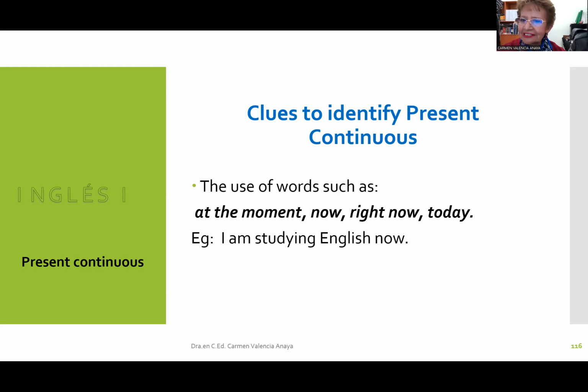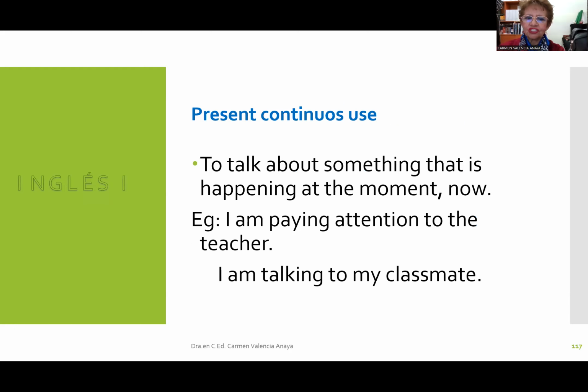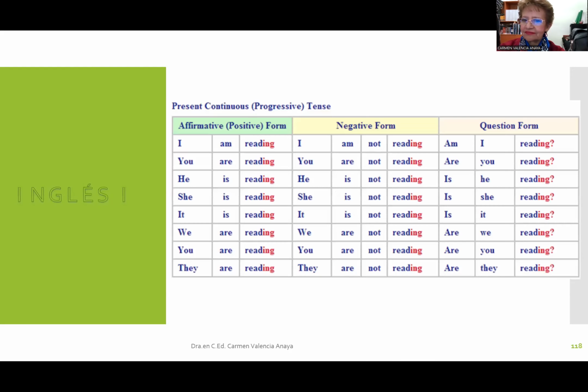If you can see in this sentence, you are studying in this moment, right now. I'm studying English. I'm doing the action in this moment. Okay, let's continue. To talk about something that is happening at the moment now, for example, I'm paying attention to the teacher. I'm talking to my classmate.